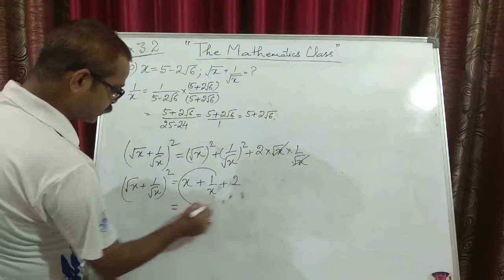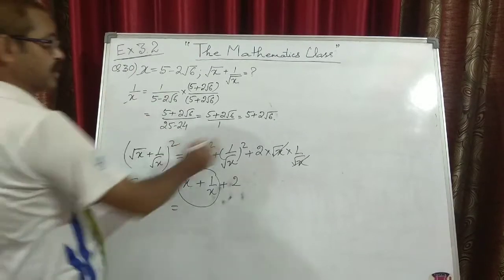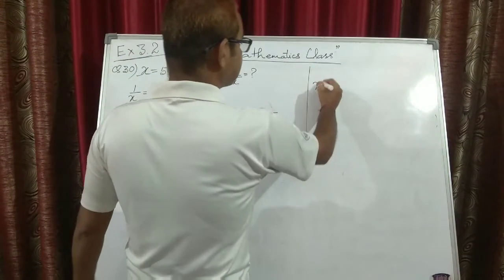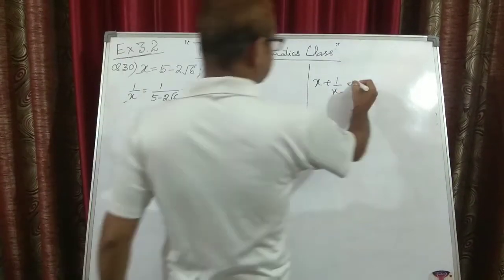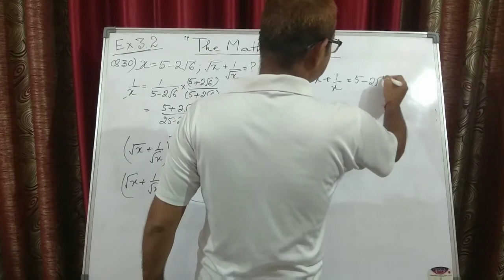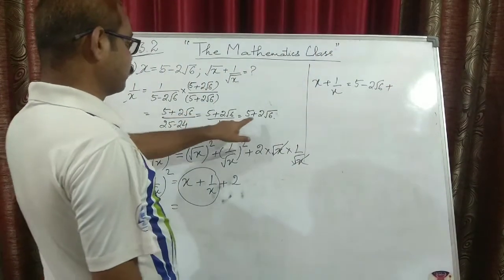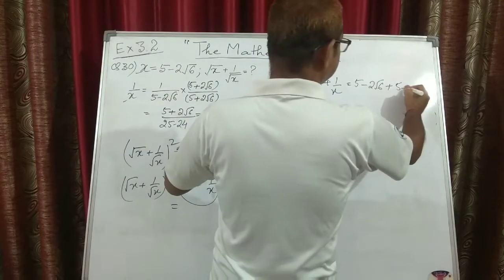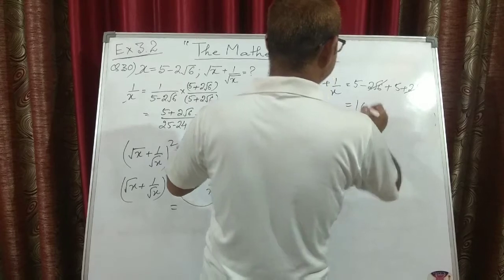Now this x plus 1 upon x, this is x and this is 1 upon x. It means x plus 1 upon x. X is how much? 5 minus 2 root 6 plus 1 upon x is 5 plus 2 root 6. Plus and minus cancel, final value is 10.